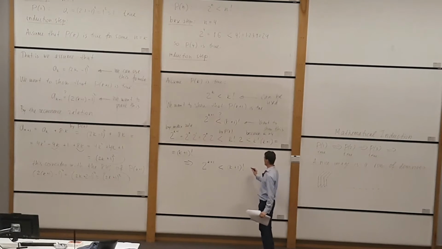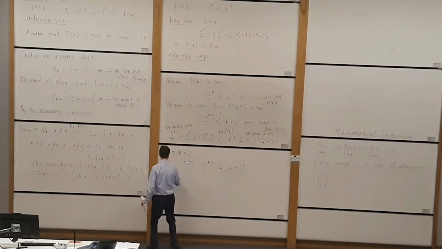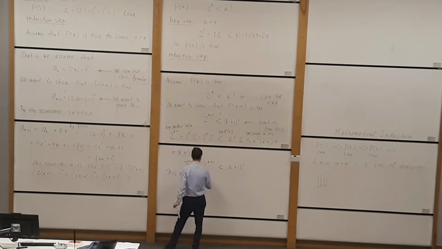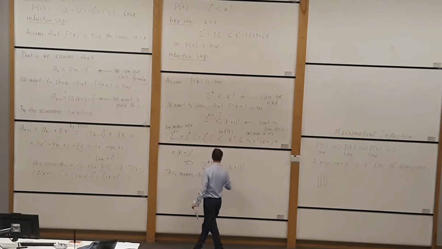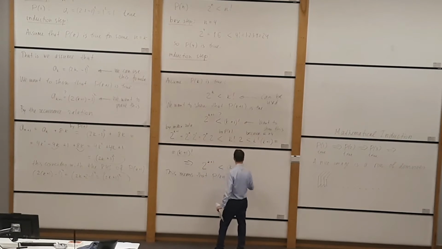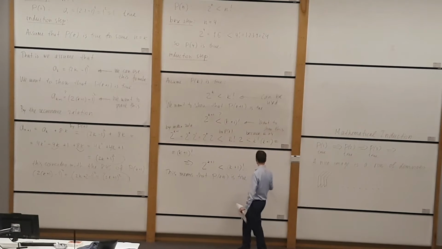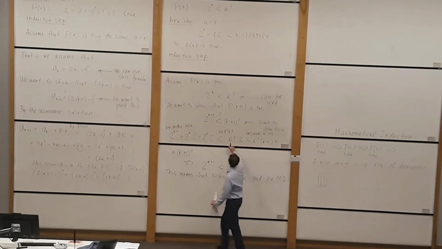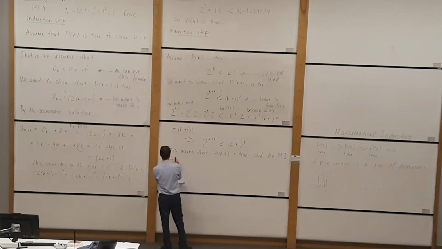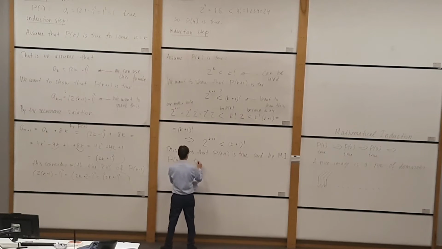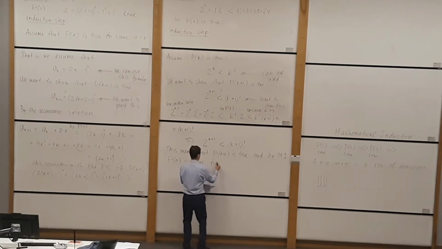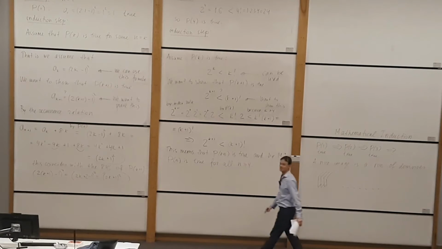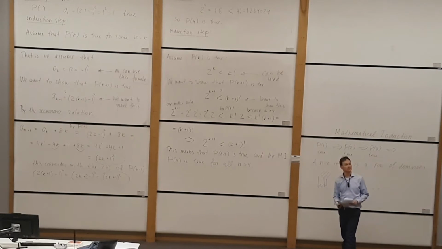And so this means that P of k plus 1 is true, and by mathematical induction, P of n is true for all n greater or equal than 4.